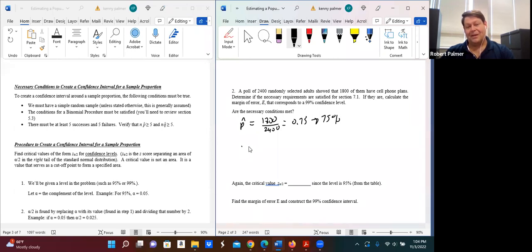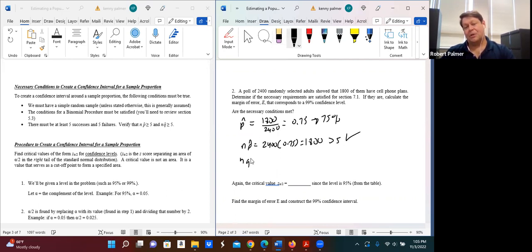So n times p hat is going to be 2,400 times 0.75, and that's just going to be 1,800, which is greater than 5. That checks.